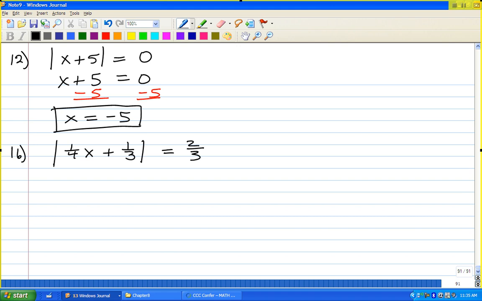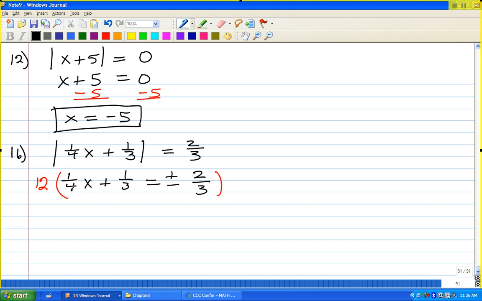And since I've isolated the absolute value, I know that what's inside, the 1/4 x plus 1/3, is just equal to plus or minus the right-hand side, in this case, 2/3. I want to get rid of the denominator so I can solve this. So why don't I multiply both sides of my equation by 12, the least common denominator, and I'll get rid of all my denominators.